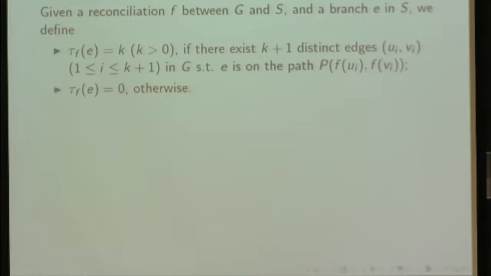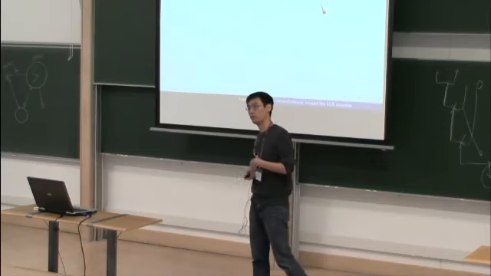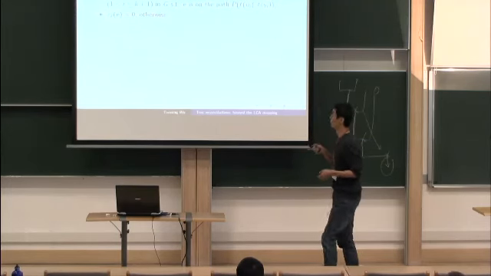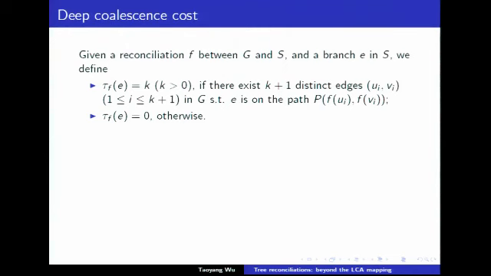And one thing is, when we get this map, what kind of cost do we need to pay to reconcile using this map, or what kind of information is encoded? In the deep coalescent model, the cost is well defined. For each edge E in S, you consider how many extra lineages are used in this mapping.